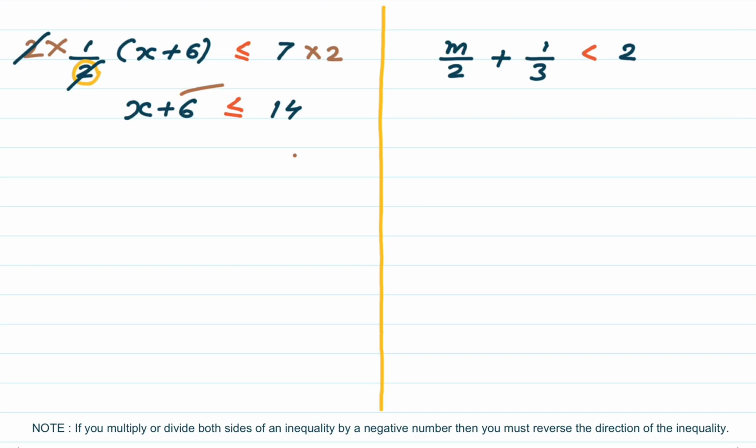We shift the positive 6 to the other side and get x less than or equal to 14 minus 6. So finally, x less than or equal to 8.